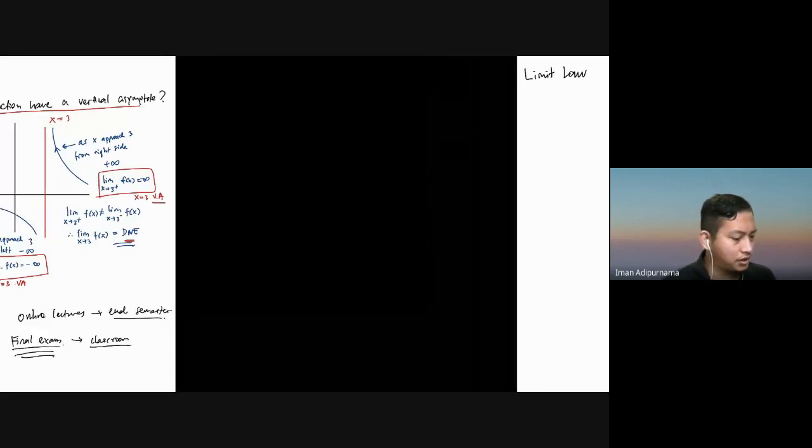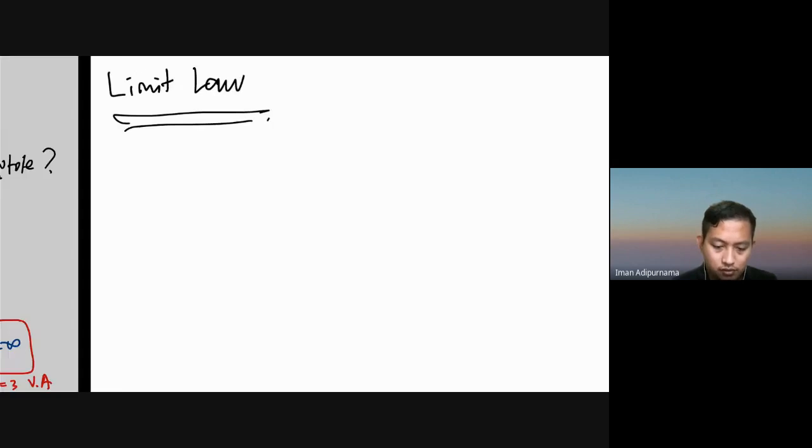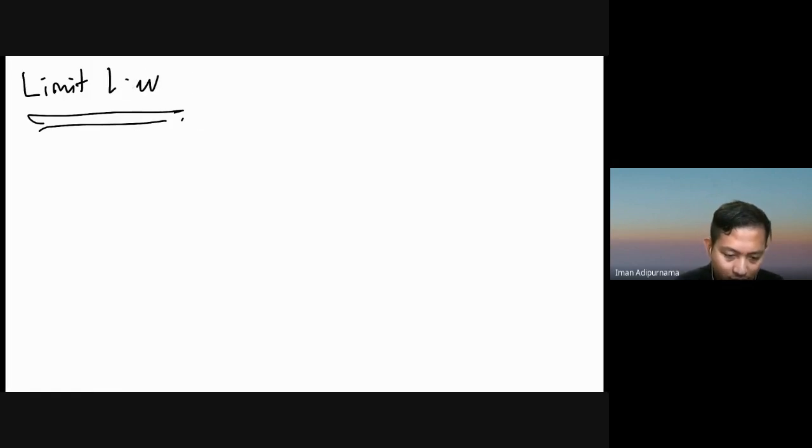The next part is the limit law. It's not O, it's A. Now let me write all the statements, and I think it's pretty much intuitively easy to understand. So let me just write them.